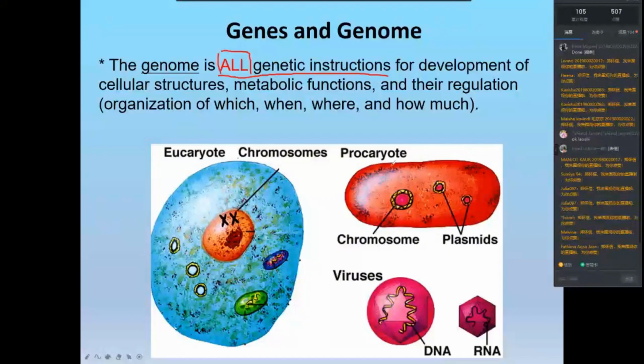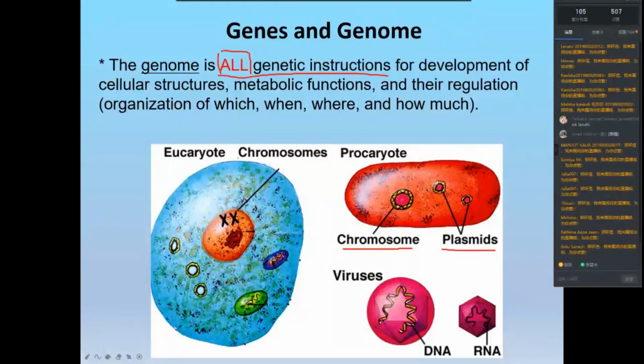For example, in bacteria, this is a bacterial cell, it includes its chromosome. It's a circular DNA, and it also includes some plasmid in the cytosol. Plasmids are small DNA molecules.